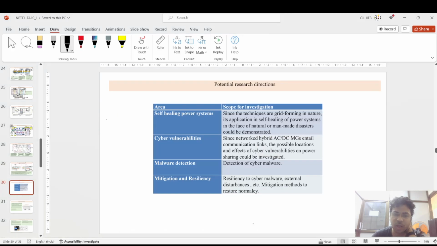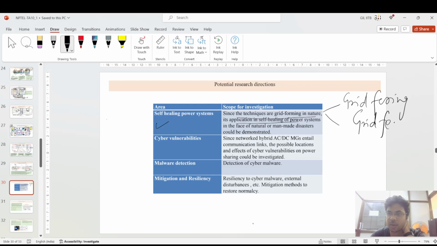Okay, so what are the possible research areas for this system? Actually, self-healing power systems, that is, the techniques for grid forming and their application in self-healing, because there are two modes which I have explained: one is grid forming and the second is grid feeding.